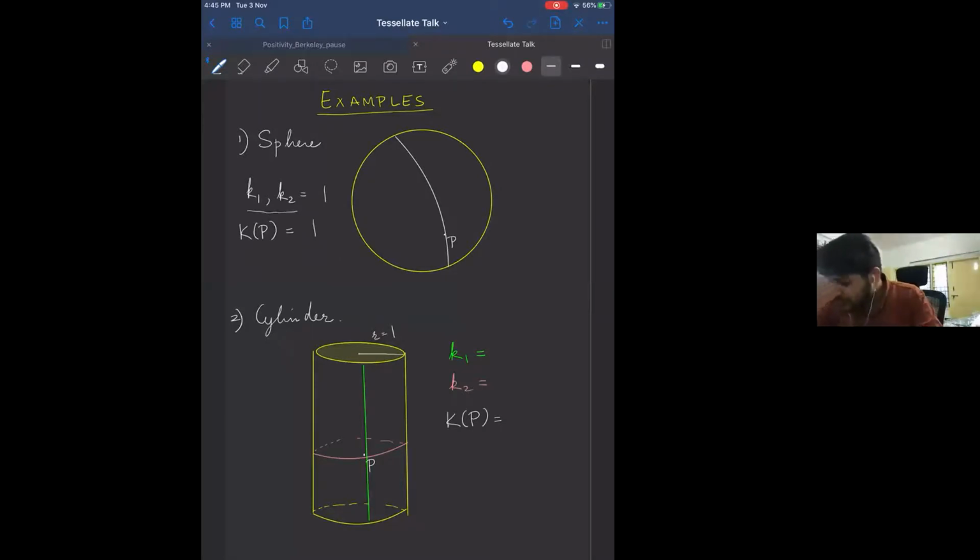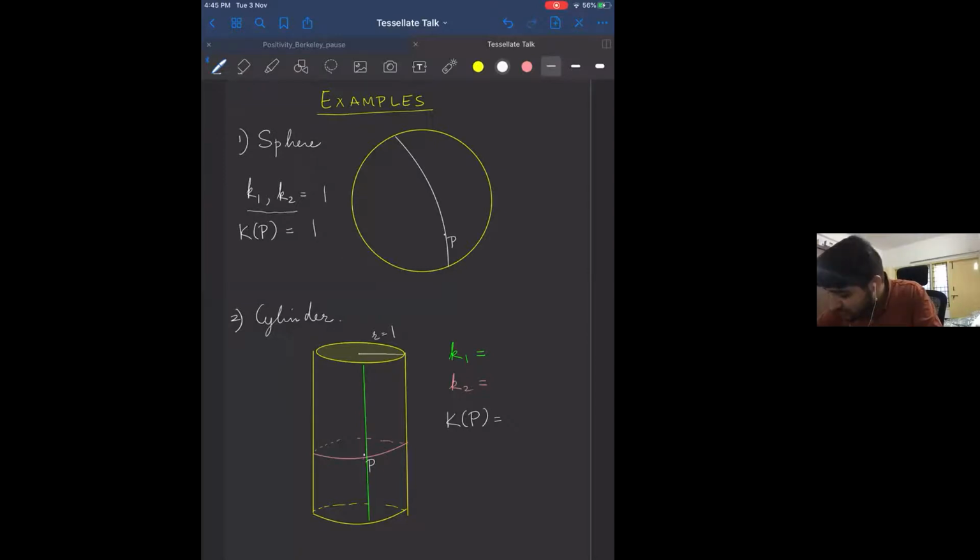On the other hand, on a cylinder, what happens is the following. So if you have these two types of curves which maximize and minimize respectively the normal curvatures.